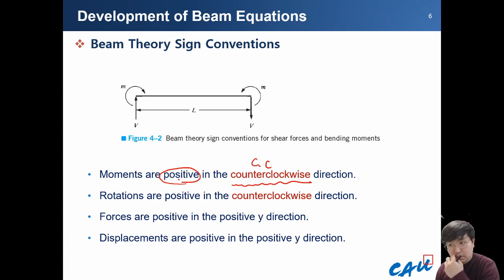When you grab a pencil in your right hand, the direction of your fingers is counterclockwise, and your thumb direction is the positive direction. Please memorize how to define the rotational direction.